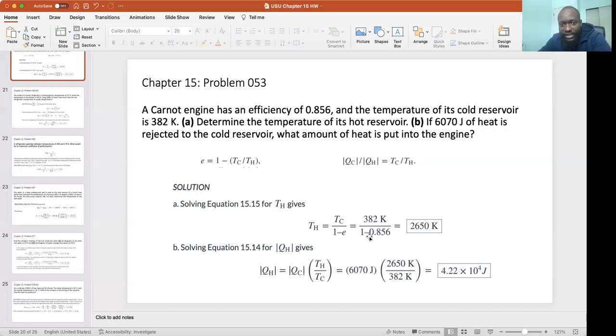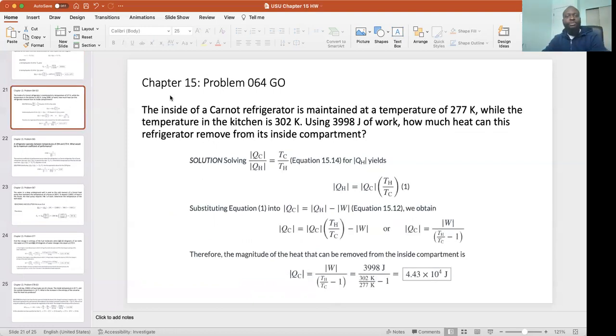And then we put in the values we're given, and we get this Kelvin. Then solving for QH from this other equation, we get QH is QC times TH over TC, and then we just solve for the heat QH, given QC, the heat rejected to the cold reservoir. So we're going to use the temperature of the hot reservoir from part A to solve part B. Very important.